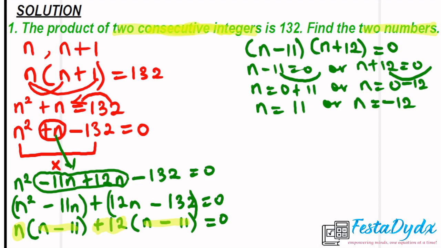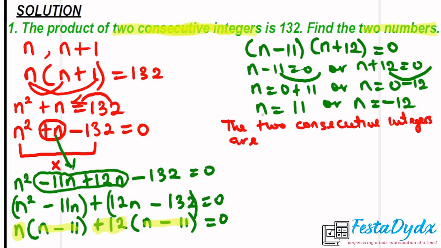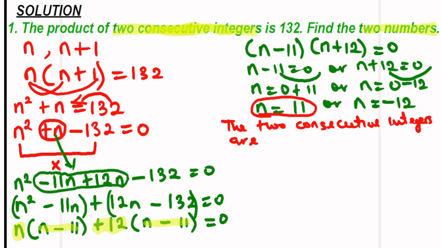So the question says two consecutive integers. I'm going to be working with n equals to 11, then I will now work with n equals to minus 12, one at a time.